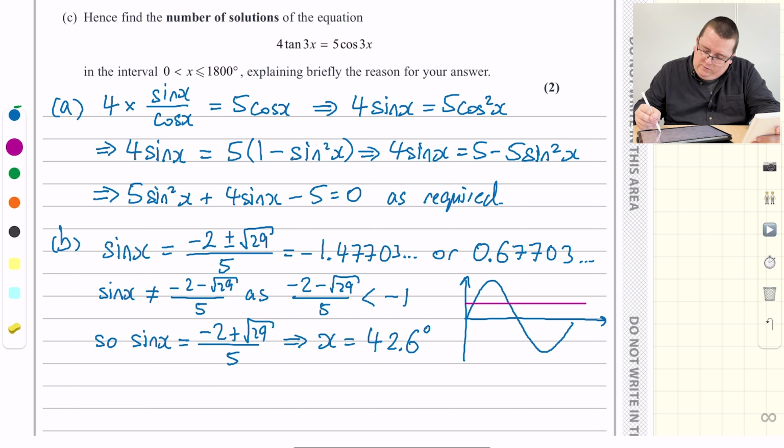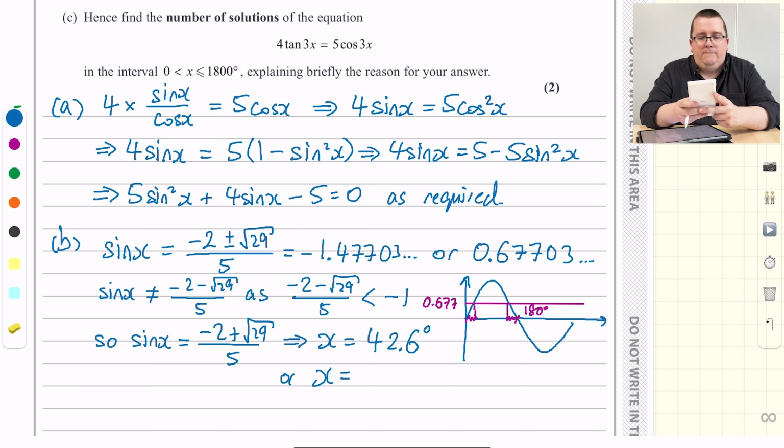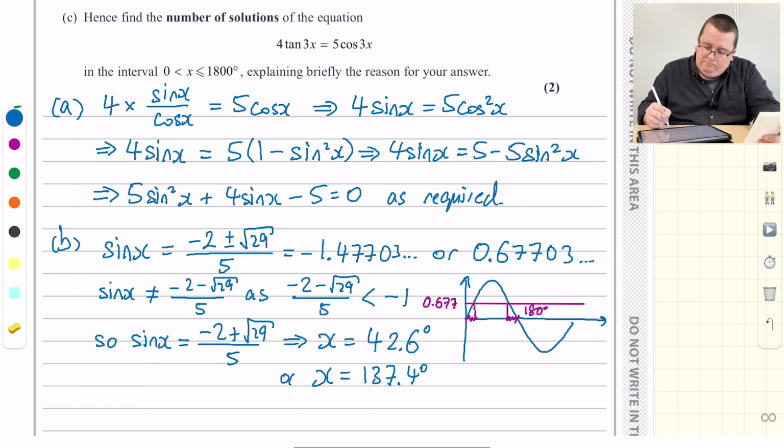Okay, so here's your minus 2 plus root 29 over 5, so this is the 0.677. And you can see it's crossing through the curve in two places. So if that is 42.6, then that is 42.6, given that that's 180. So I can get the second solution by subtracting from 180, and we get 137.4 to one decimal place.